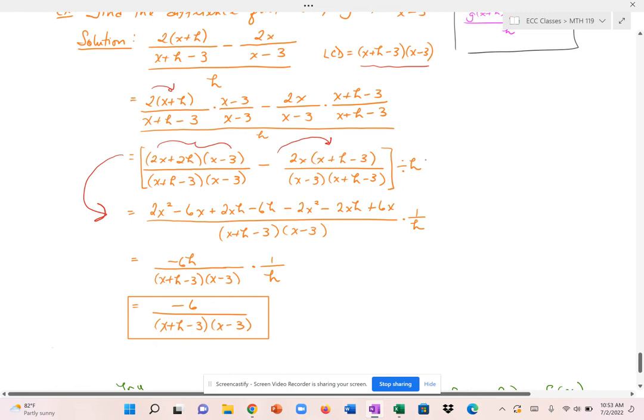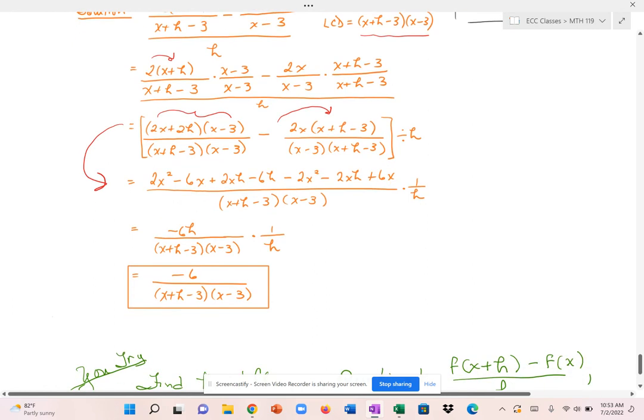And then I changed division to multiplication and took the reciprocal. So that's the way you handle fractions and division. Keep the first expression, which is this one, change division to multiplication, and flip the second expression. So divided by h becomes times 1 over h. Okay, so the numerator of the rational expression has some like terms that cancel.